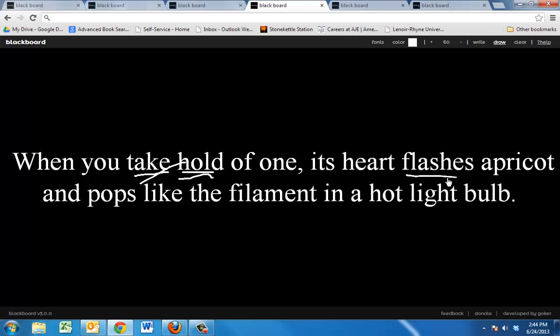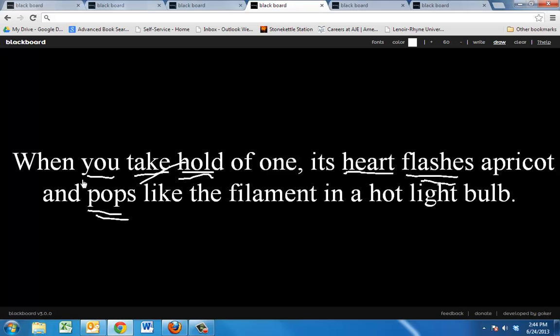Another one is flashes. Another is pops. Then I'll go through and figure out, okay, so what is the subject? What is taking hold? Well, you. When you take hold of one. What is flashing and what is popping? Well, heart. So now we've identified a subject for each of these verbs.